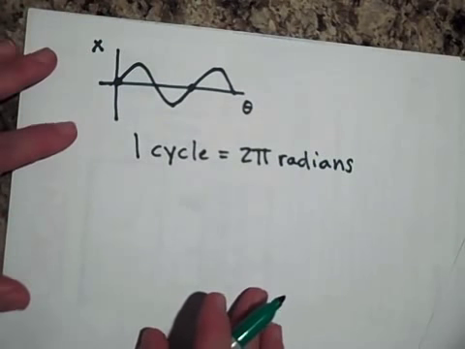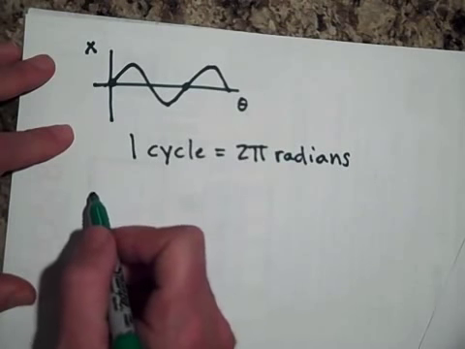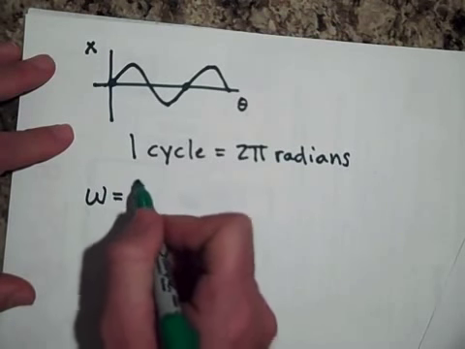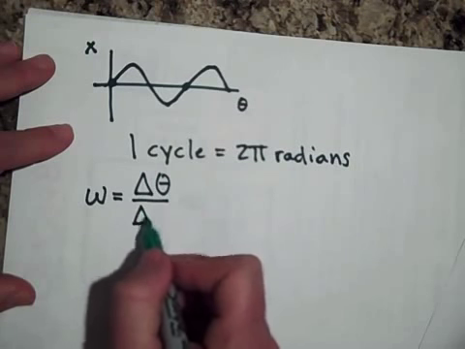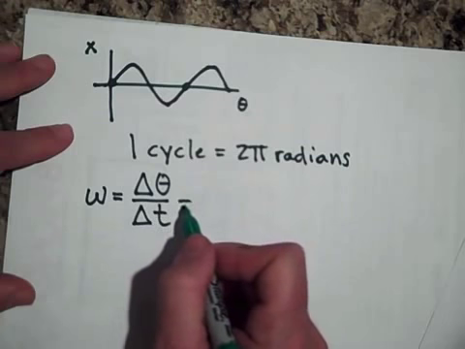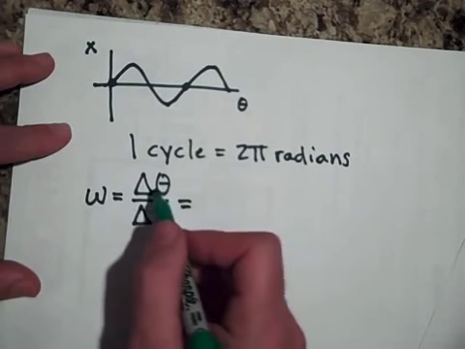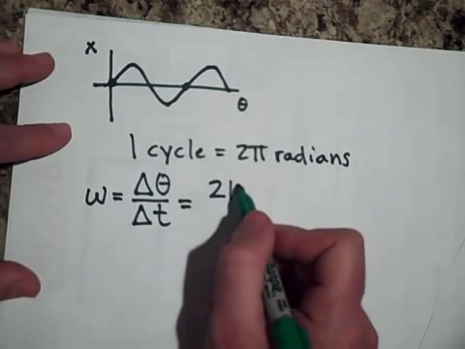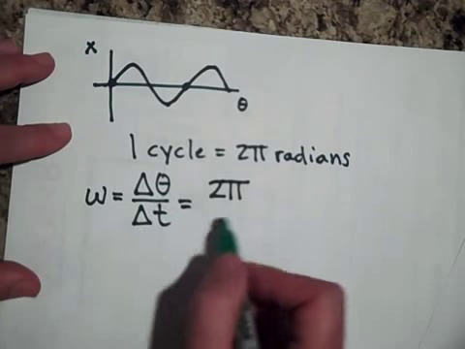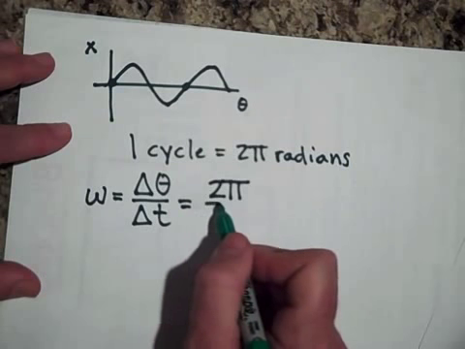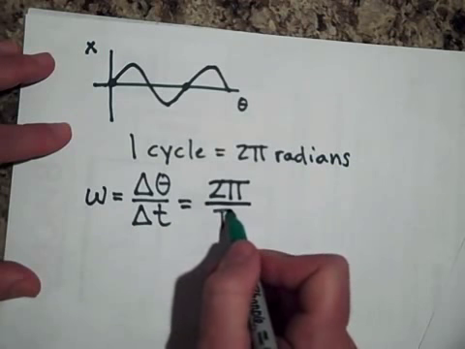Okay, now let's take a look then. We can say that omega was delta theta over delta t. But how many radians do you go around in one period? If you go 2 pi radians, then in the circle that was cast in the shadow, that will take a time of 1 period.